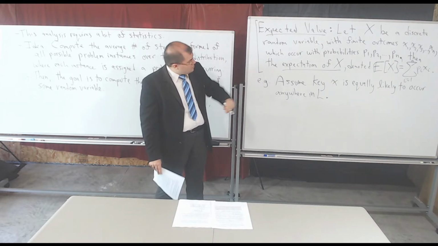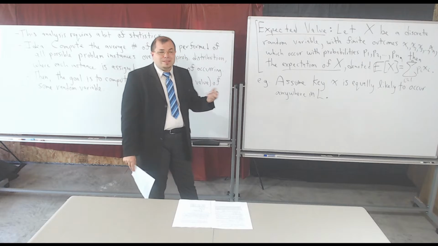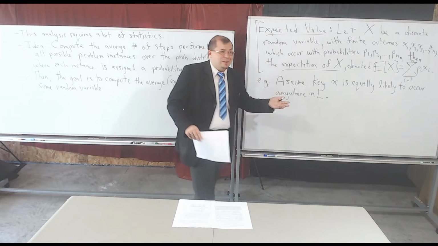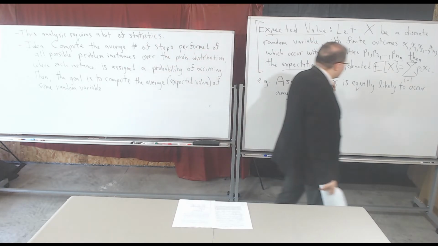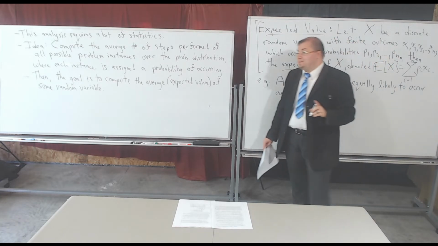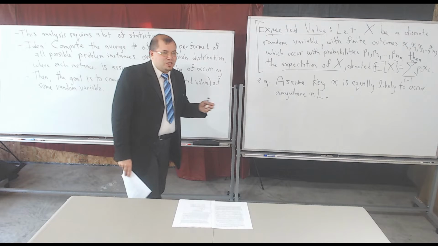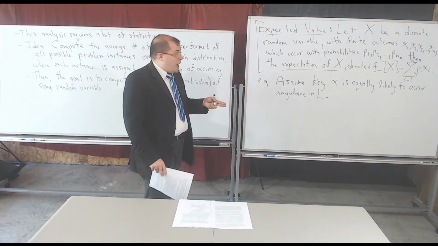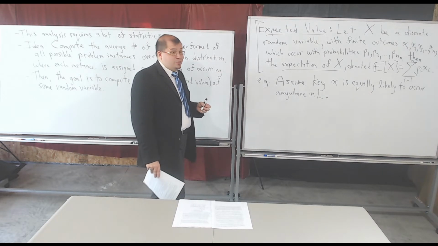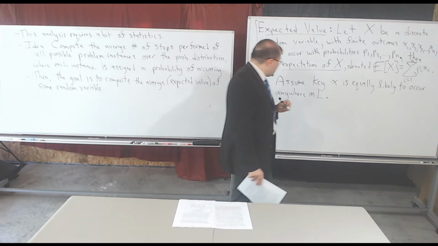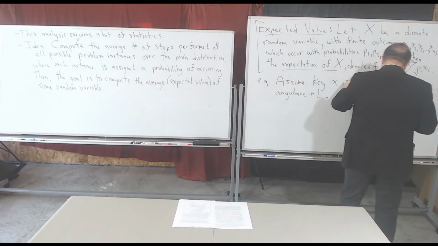So if I assume that x and all the other numbers are distinct, it doesn't really make much of a difference. I just care that x is equally likely to occur anywhere. It might be just the case that they're all distinct and x is just there, but I make the assumption that it's equally likely to occur. I'm just going to be very pessimistic in my analysis.